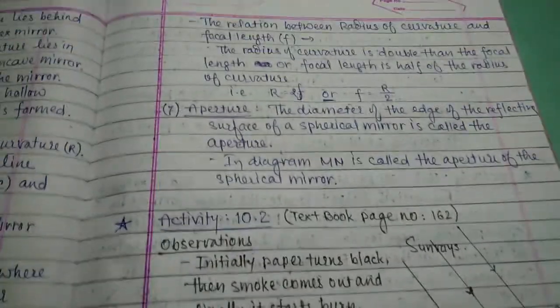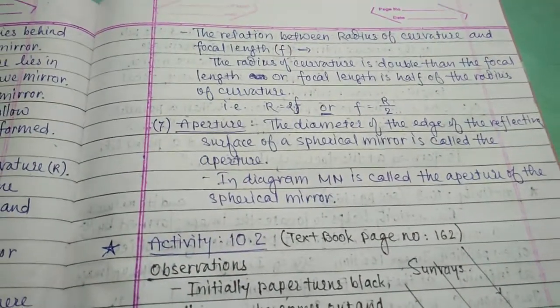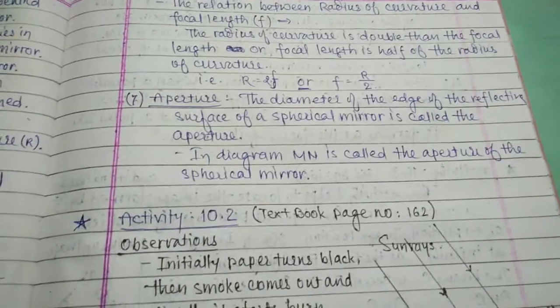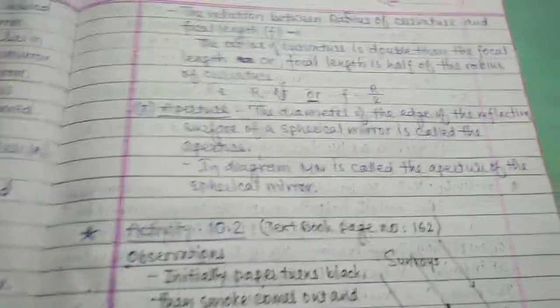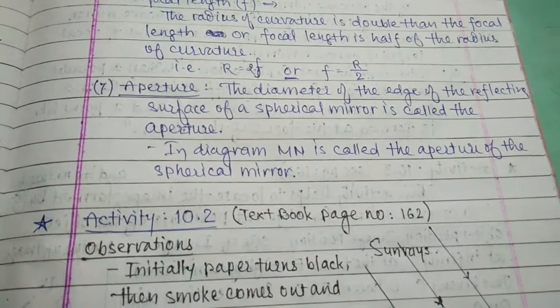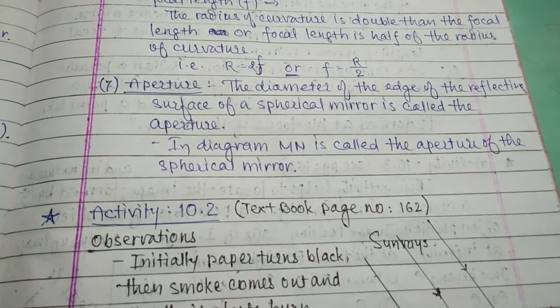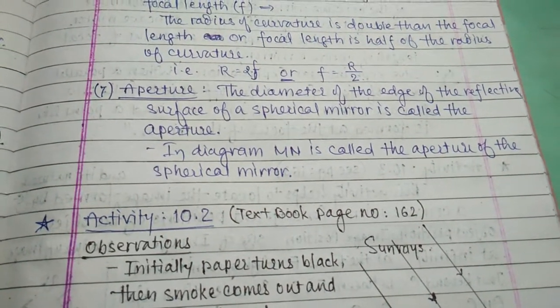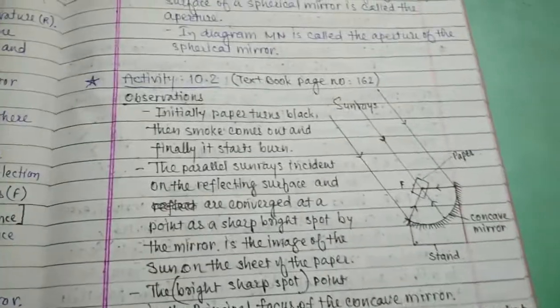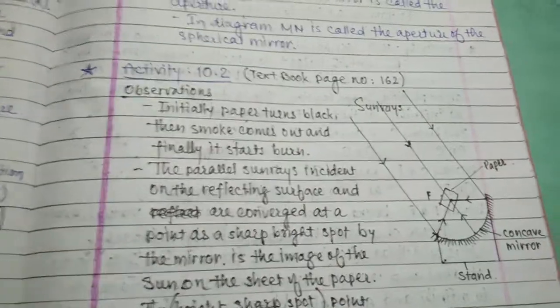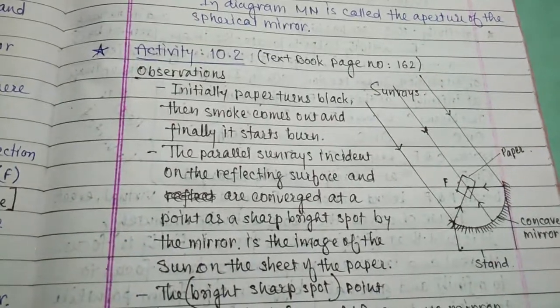Through the aperture the light rays come and reflect from the surface, from this MN diameter. This is called aperture.